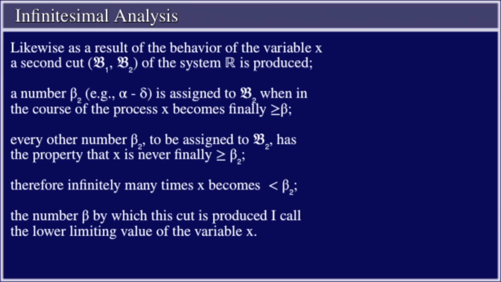When in the course of the process x becomes finally greater than or equal to beta, every other number, beta sub 2, to be assigned to beta 2 has the property that x is never finally greater than or equal to beta sub 2. Therefore, infinitely many times x becomes less than beta sub 2. The number beta by which this cut is produced I call the lower limiting value of the variable x.